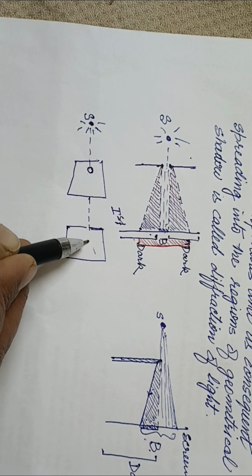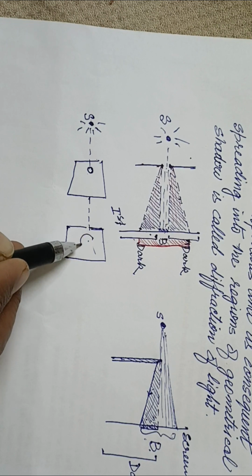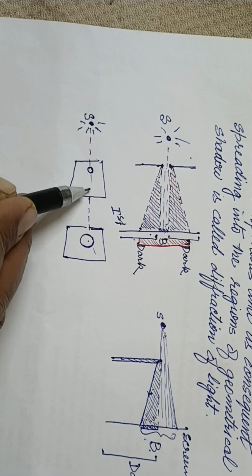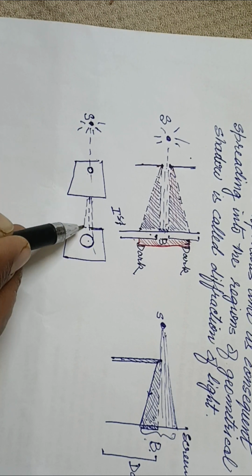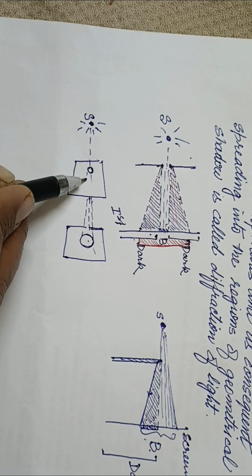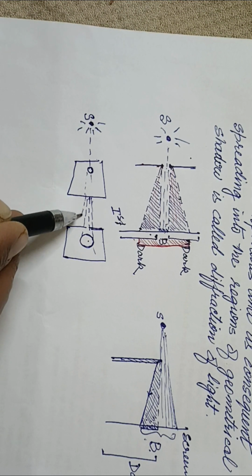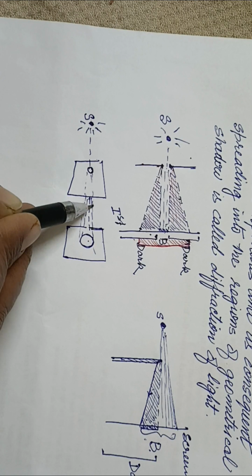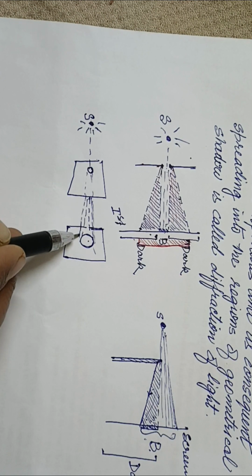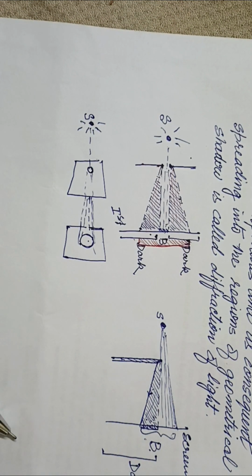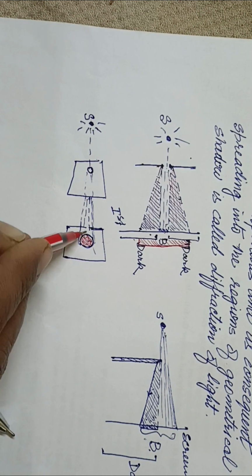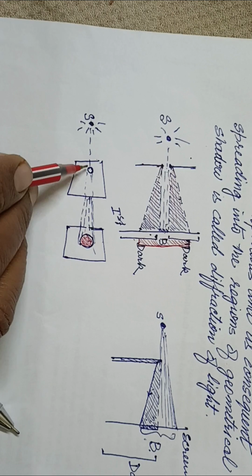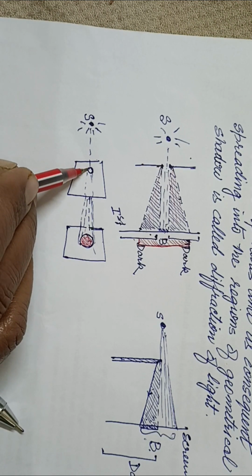But in fact it is not the same size, it is a little bit broader than this. Means light goes and it bends through the edges of the aperture, and it enters into the darker portion also. So you'll get a bright patch which is bigger than the size of the aperture.